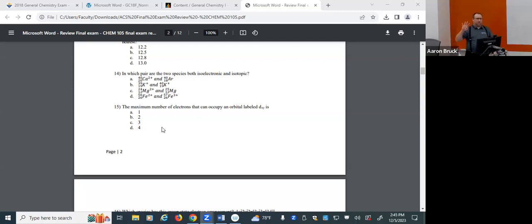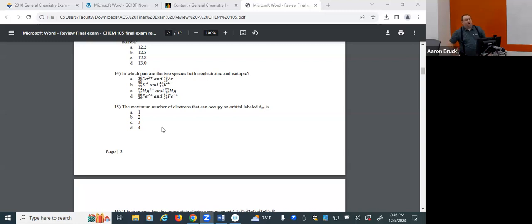We went from the energy level to the sublevel to the orbital to the electron. Well, the sublevel isn't being described here, it's the orbital itself. We're talking about the dxy orbital.